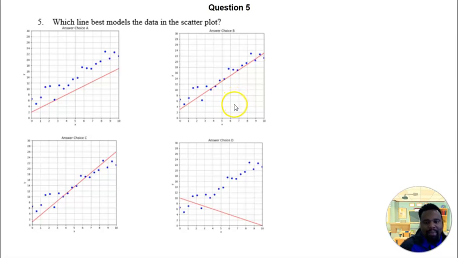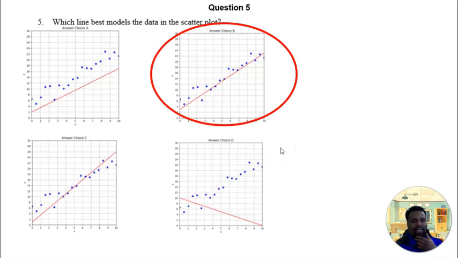Graph C could work, but graph B is a better line of best fit. If you look at D, that line of best fit is in the wrong direction. That's a negative line where your slope has a positive correlation. So graph B would be the answer choice because graph B is the best representation of the line of best fit.